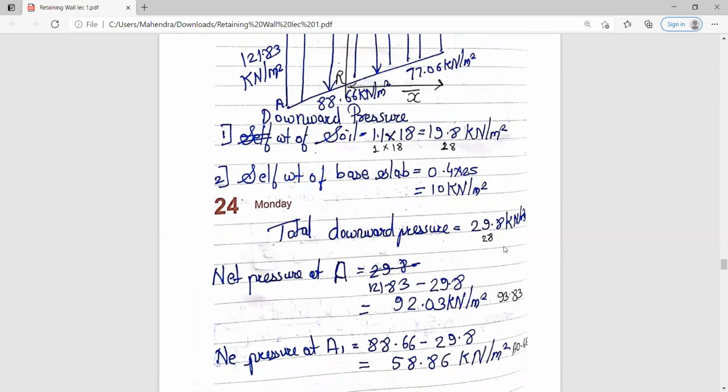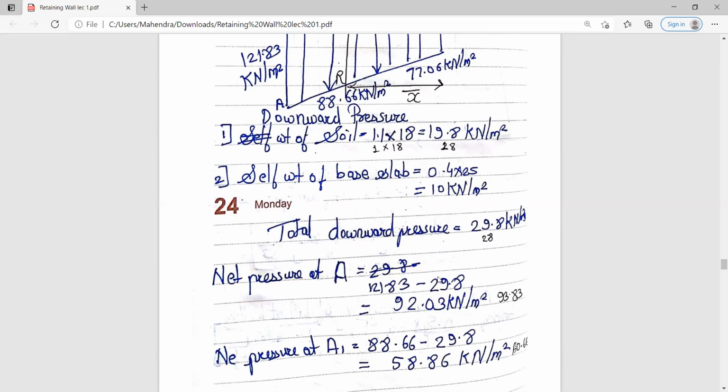Total pressure कितना था? P1 आपका था 121.83. So P1 में से आप downward pressure minus करोगे तो आपको net pressure at A मिलेगा. So net pressure at A आपको मिलता है 93.83.